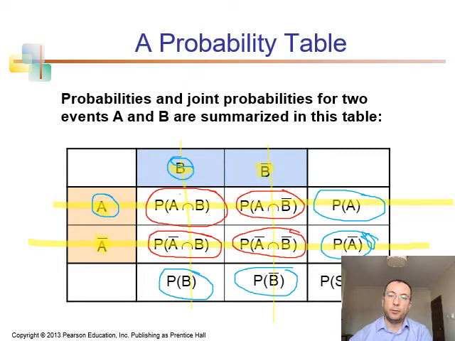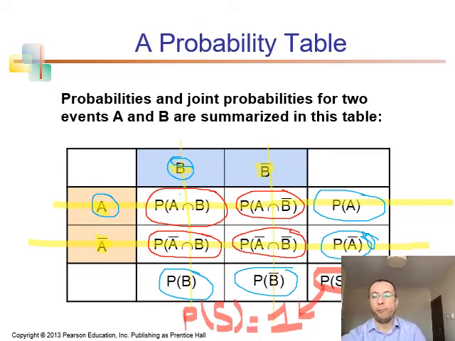Now those are called the marginal probabilities. And finally, we have the probability of the sample space. That probability will always be equal to 1. So the probability of the sample space is always equal to 1. And this is a joint probability table.